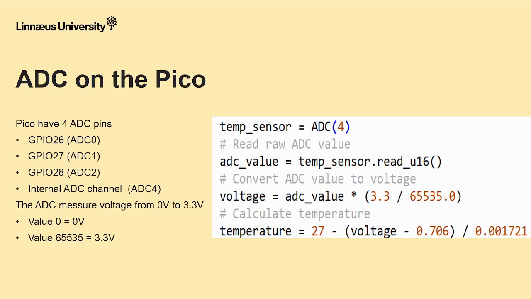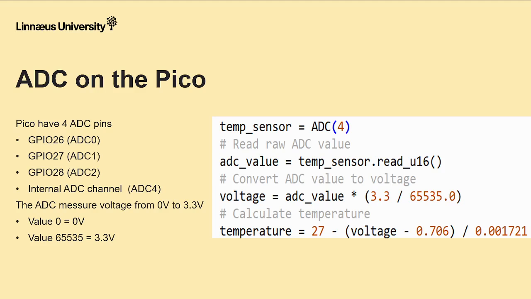There are 4 different analog to digital converters on the Pico. The first one is located on pin 26, the second on 27 and the third on 28, and then we have this fourth one, the internal one, we use for measuring the voltage. The value we get is from 0 to 65,535, where 0 means 0 volts and the maximum means 3.3 volts.